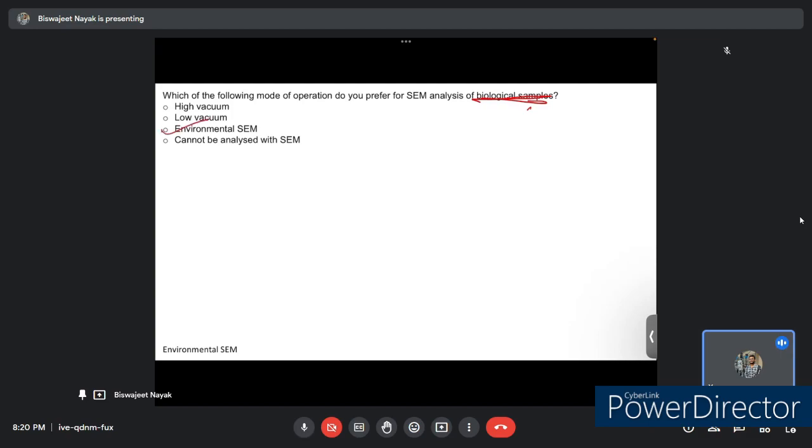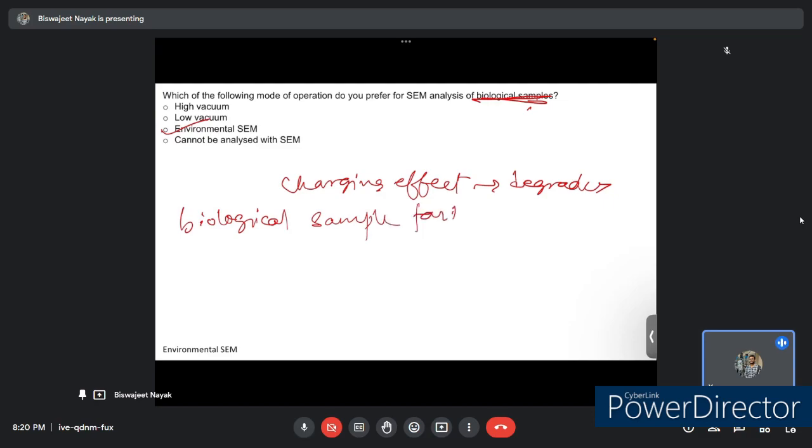In normal SEM there is something called the charging effect that will degrade the biological sample pretty fast, and biological samples are also not conducting, so we have to coat them with conducting material through plasma treatment, and then we can see them. Since such processing is needed, we had better use environmental SEM.